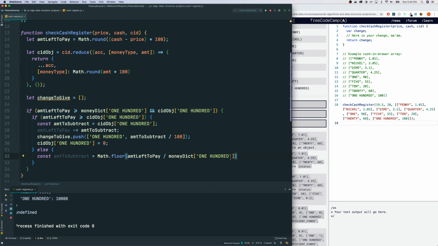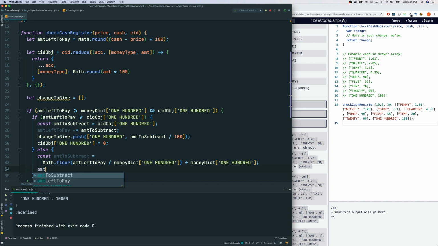Now, after we got 3, we just want to multiply it back by the money dict of 100. So this will give us $300 worth of 100 that we're going to subtract from. Hopefully that made sense. All right, so now that we got the amount to subtract, we're going to do the same thing here. Subtract from the amount left to pay of amount to subtract.